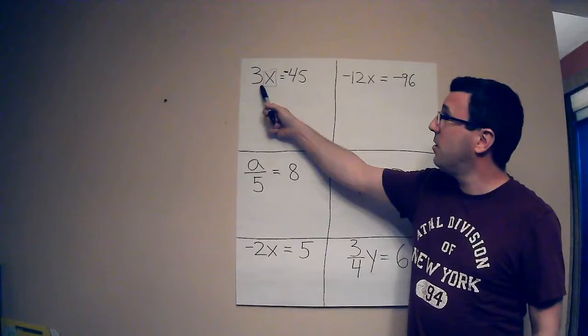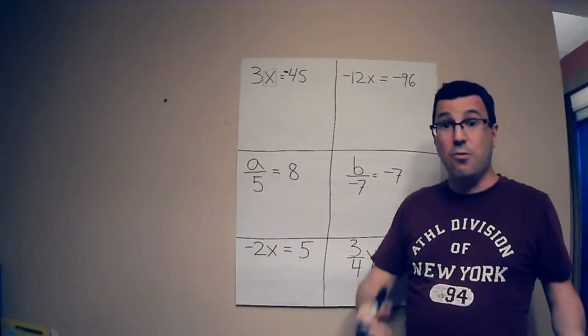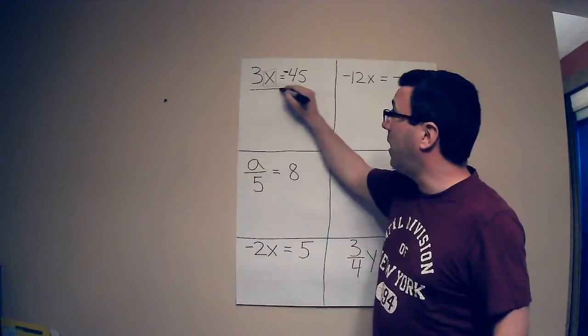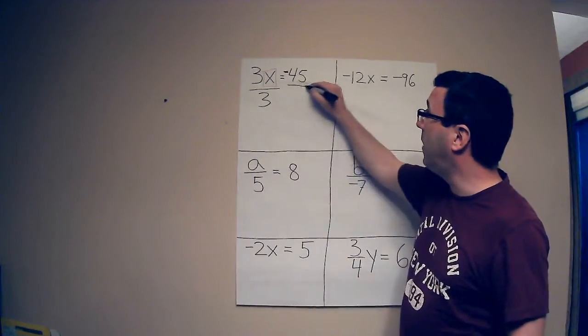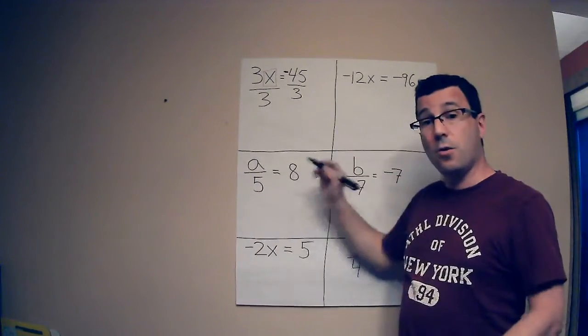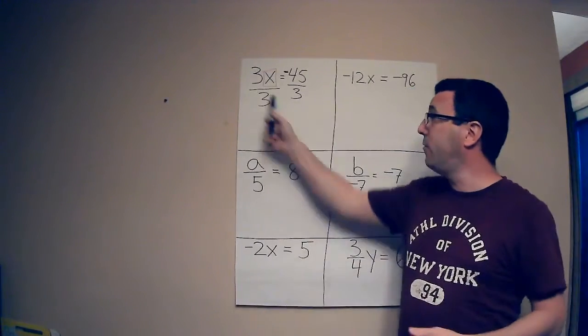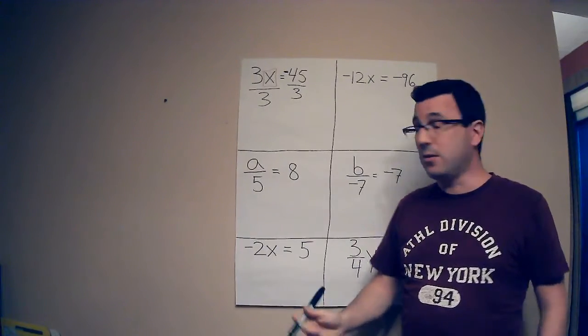So I have this 3 times x. Well, how do I undo 3 times? I divide by 3. So I divide by 3 on the left-hand side. I divide by 3 on the right-hand side. I have to keep the equation balanced. If I have 2 different numbers here, the equation is not going to be balanced. I'm going to get the wrong answer.